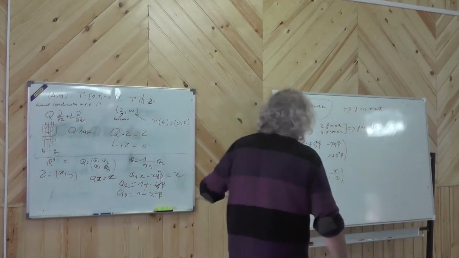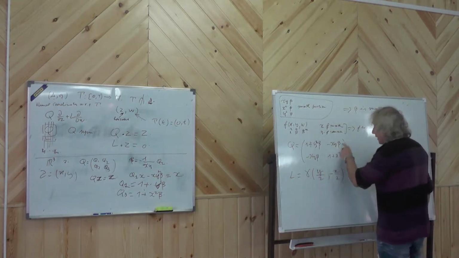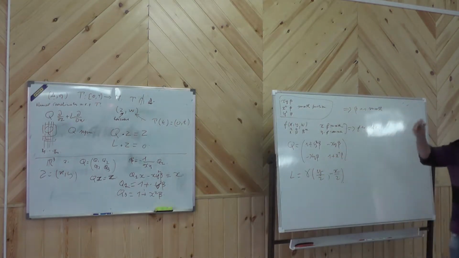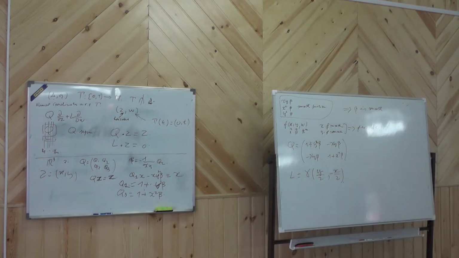And then you get a complete normal form depending on two smooth functions, beta and gamma, for any distribution, for any sub-Riemannian metric, for any couple of a sub-Riemannian metric and a curve transversal to the distribution. You get the following normal form.